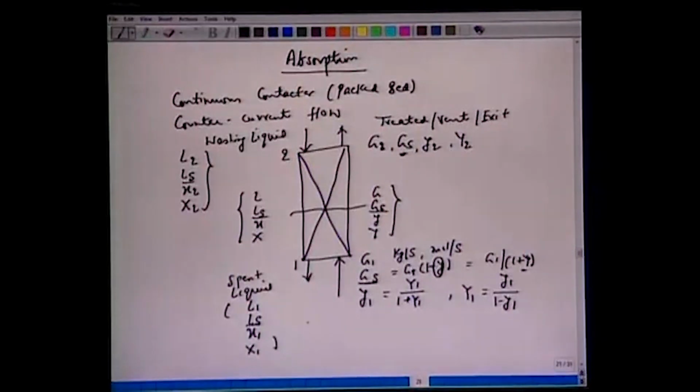Now, if you look at the equipment, there are two types of equipment. One is stage wise and one is a packed bed. Packed bed is the most common for absorptions. Stage wise or tray wise is less common for absorptions. But there are some industrial distillation columns where we have stage wise trays.